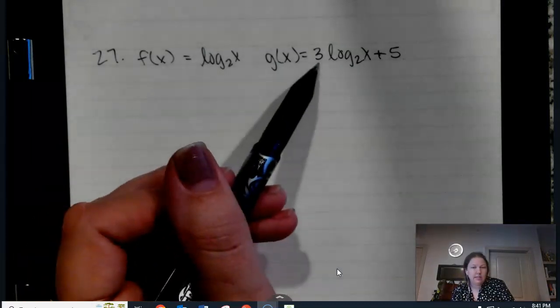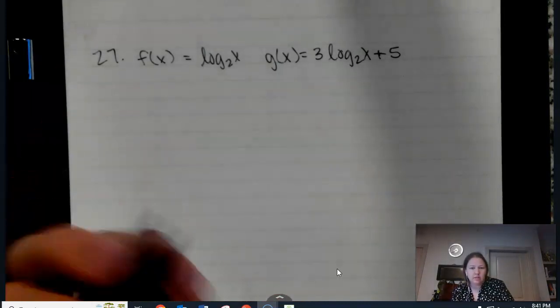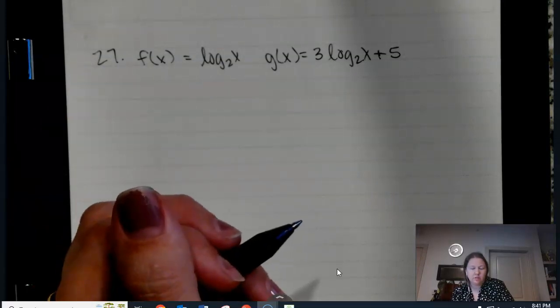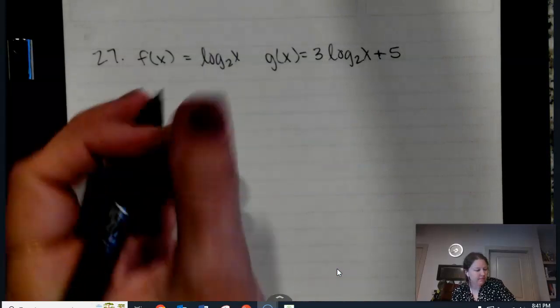Again, our coefficient here is of the whole thing. It's not of just our x, so you know it's a vertical stretch by a factor of 3. And then you have plus 5, so it's 5 units up. Yeah?